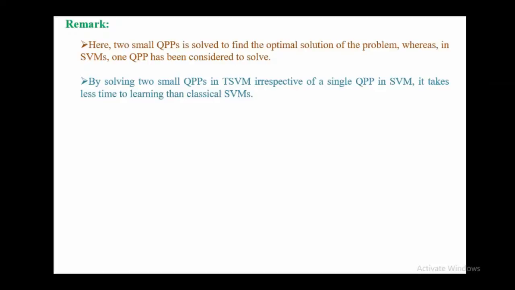They have proposed maybe 100 variants of this model. It is a really popular topic, or popular model, related to support vector machines, because it takes less time. And when you apply it, in many cases you will find it performs well compared to SVM.